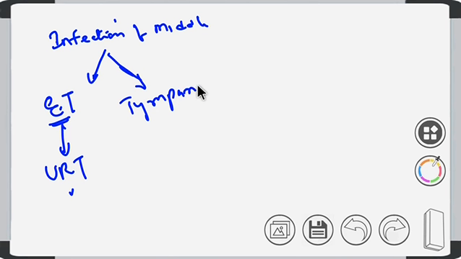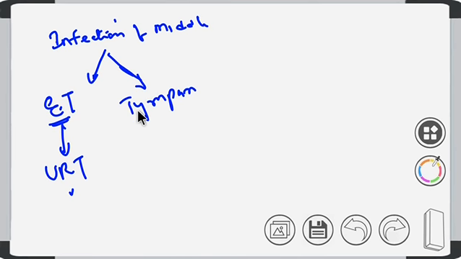That means if there are infections in the external ear, they can go through a perforation in the tympanic membrane to the middle ear.